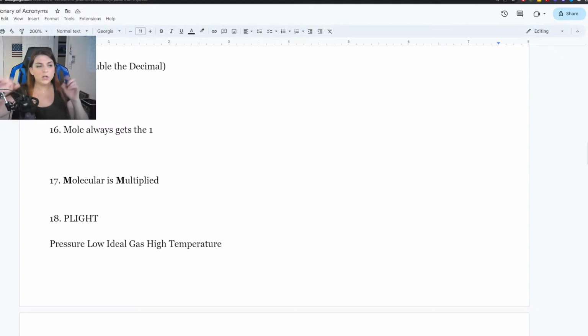Under those conditions, they're not able to feel intermolecular forces, which is how you know they are behaving by the rules of the kinetic molecular theory. So PLITE will help you recognize if your gas is behaving ideally.